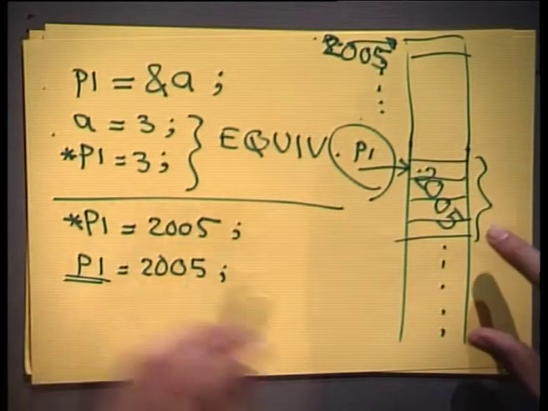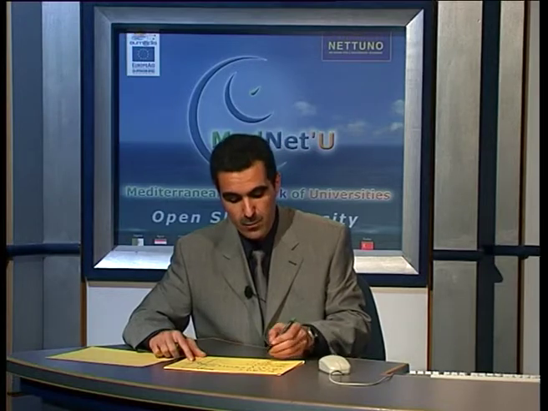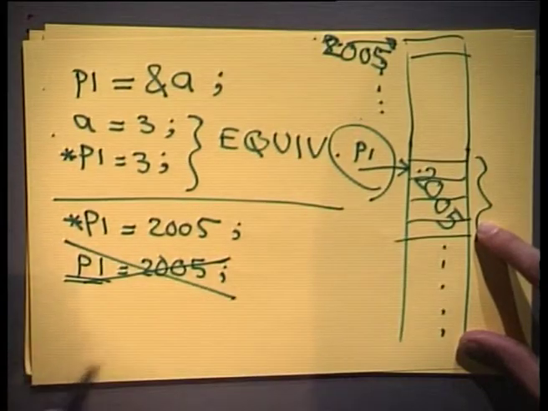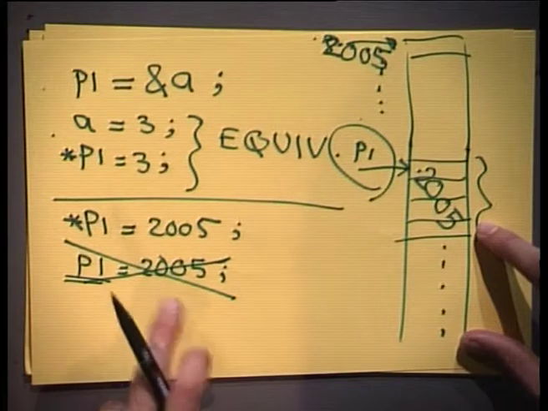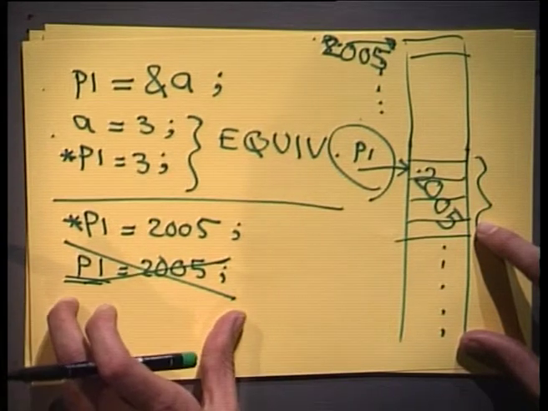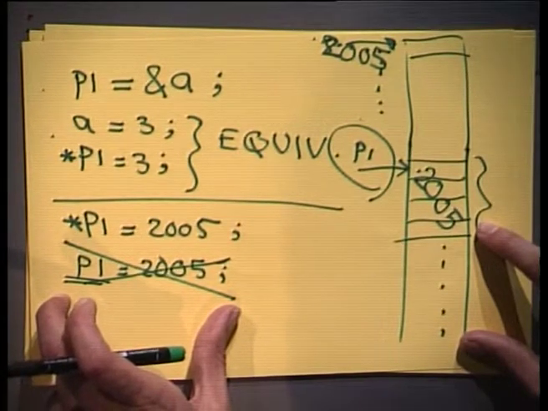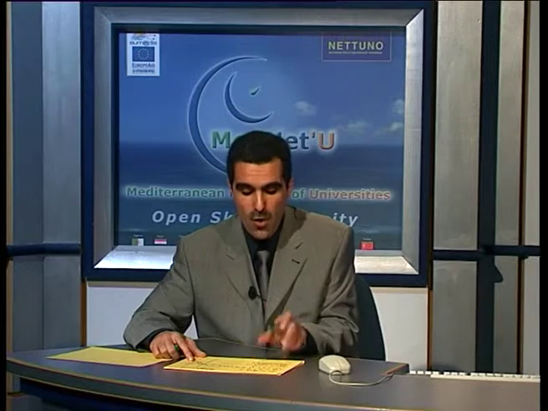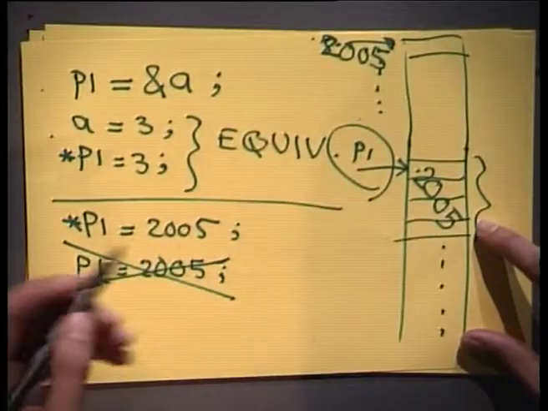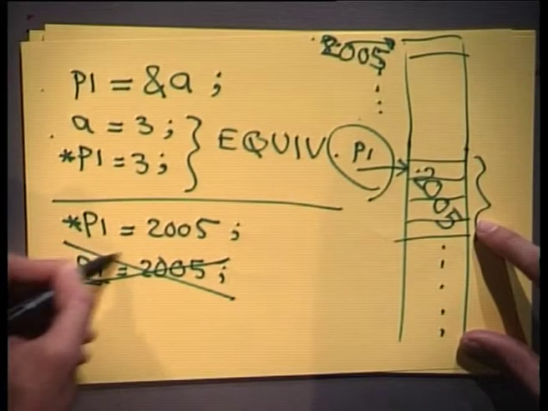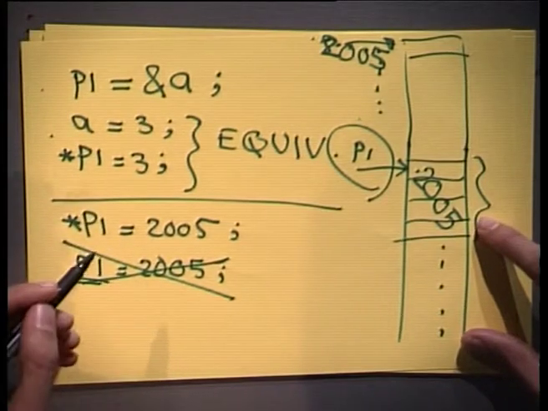There is a big difference between the two, and I want you to be very careful when you're doing this. So this is wrong. That's not what we want. As a syntax, this is correct in C. However, what we want is not exactly this. We want to put 2005 in the memory at the location P1 points to, and I don't want to change where that pointer is pointing in the memory.